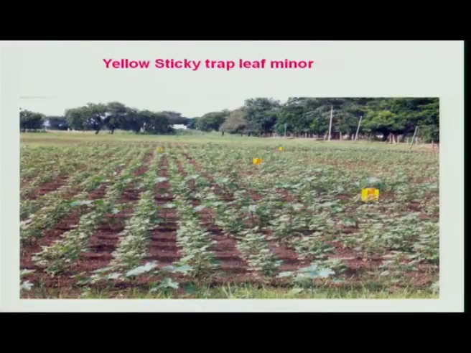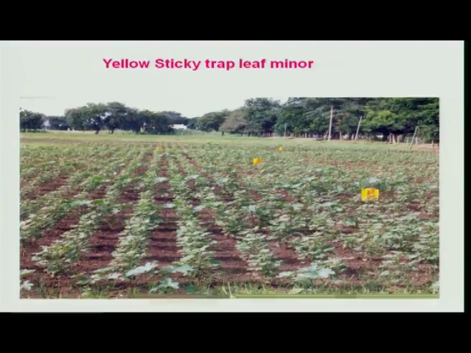Then another important thing about insect behavior is that insects are also attracted to some colors, particularly the yellow color. The majority of soft bodied insects are attracted to this yellow color. This behavioral phenomenon can be used to our advantage, that means in managing the pest population in a given ecosystem.